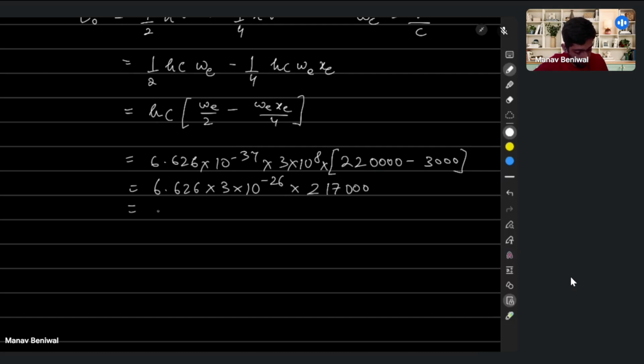So this becomes 6.626 multiplied by 3, which is 19.878, and this becomes 10 to the power minus 23.